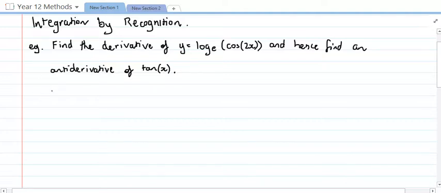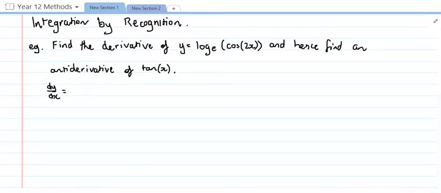Okay, so I'm going to go dy dx equals, now, the log function, when we differentiate that, we do the derivative of the inner function divided by the inner function itself. You have to be very careful not to get the differentiation and the anti-differentiation of trig functions confused.